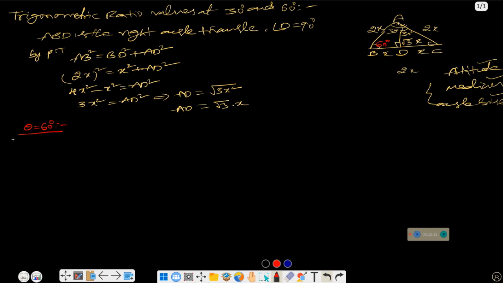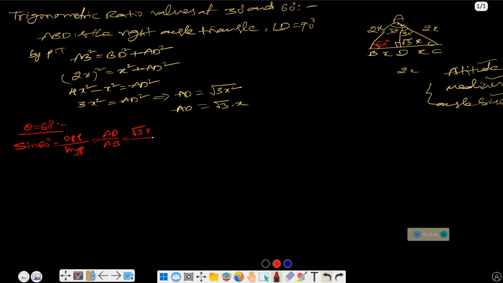Now first find the sine value. Sine theta, theta means 60 here. So sine 60 is equal to, sine formula is opposite by hypotenuse. That means 60 degrees opposite. So 60 opposite is AD, AD by hypotenuse, AB. What is the AD value here?